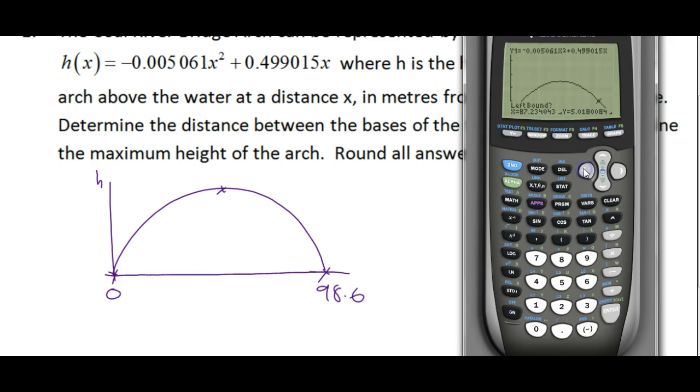Left bound, going to back our way up to here. Enter, and it shows you where you've got your boundaries. Right bound, enter, and my guess, somewhere in between. And 49.3 and 12.3.